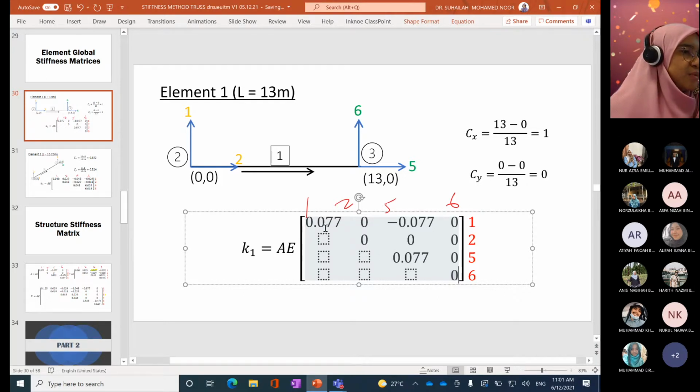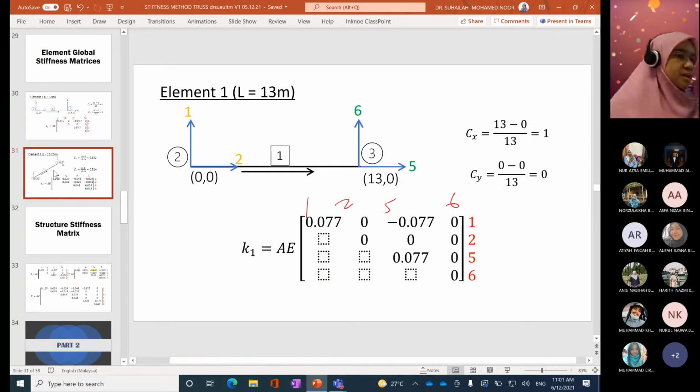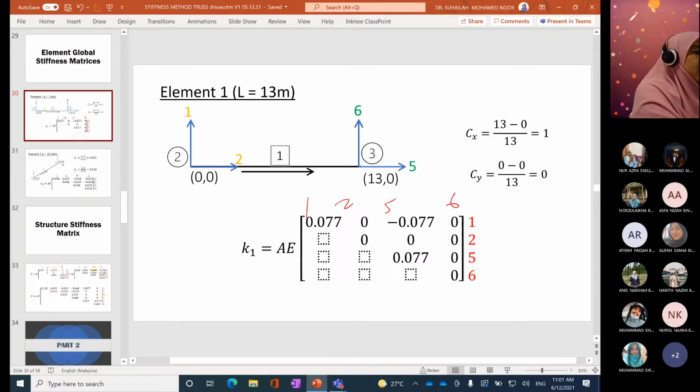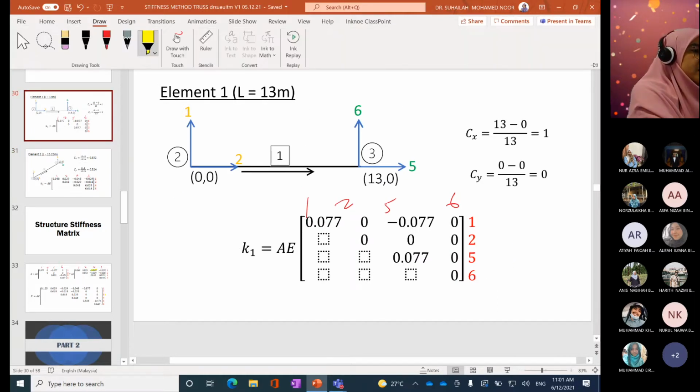Formula dia kan CX square. Yang ni CX CY 0. Ni CY square 0. Yang ni 0. So yang ni ada salah value. Sebab kalau kita boleh identify salah sebab yang ni. Jadi sebab you tak buat sendiri tadi nilai dia tu kan.